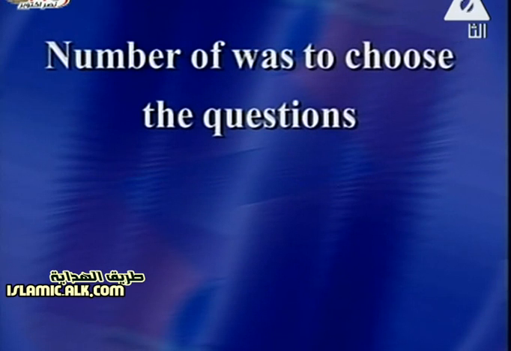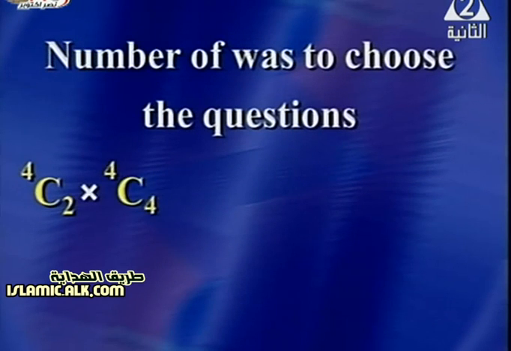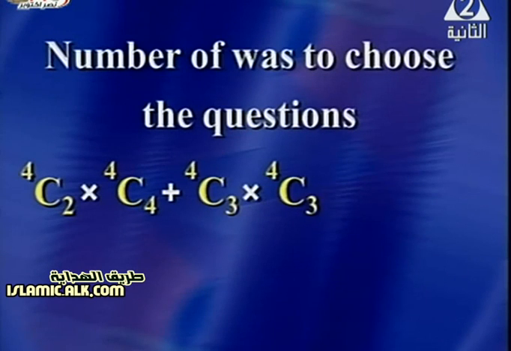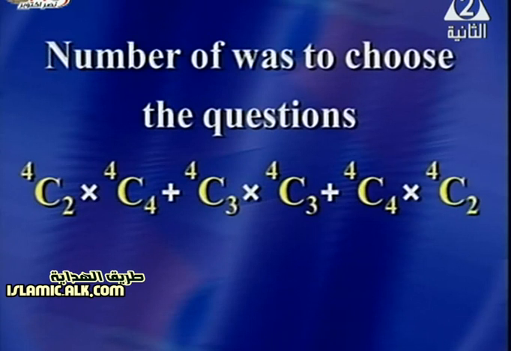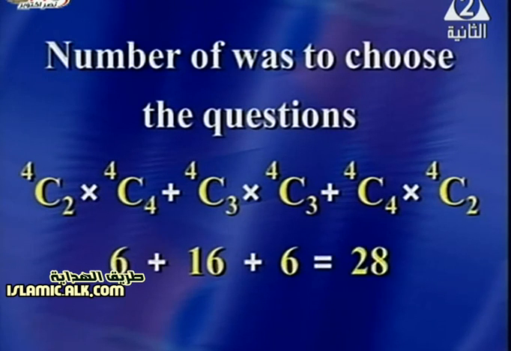Number of ways to choose the questions. We have many ways. Look at the first, 4C2 times 4C4, plus the second, 4C3 times 4C3, third, 4C4 times 4C2. The answer is 6 plus 16 plus 6. How many ways? 28.